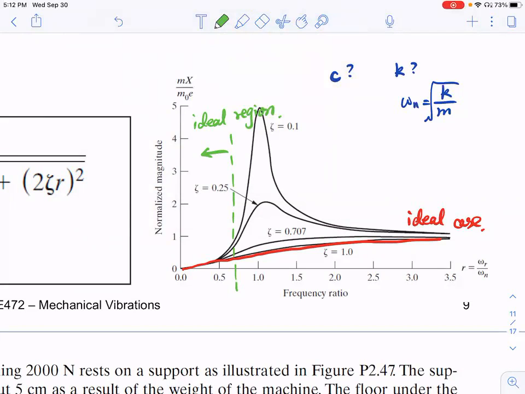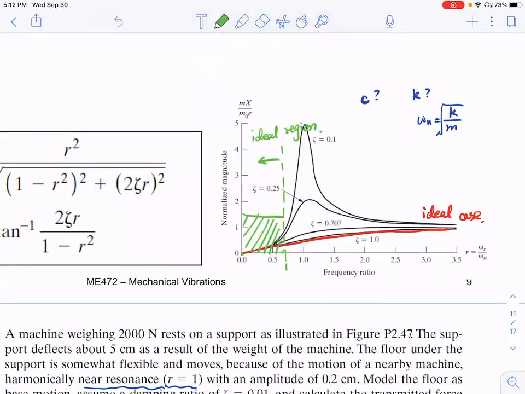If you look at this green region, if your washing machine can always work in that region, that's going to be perfect. At some extreme cases, you can even get 0 displacement.